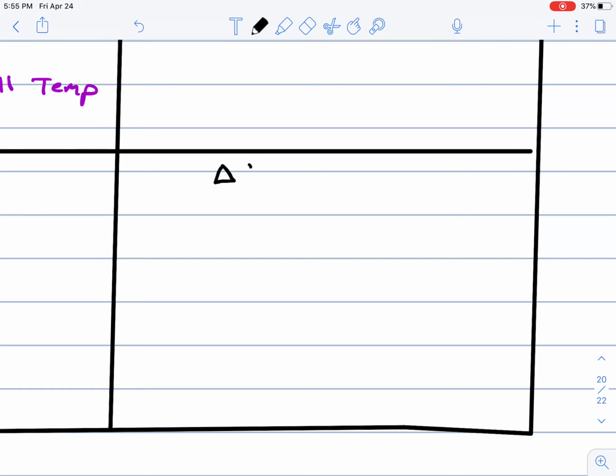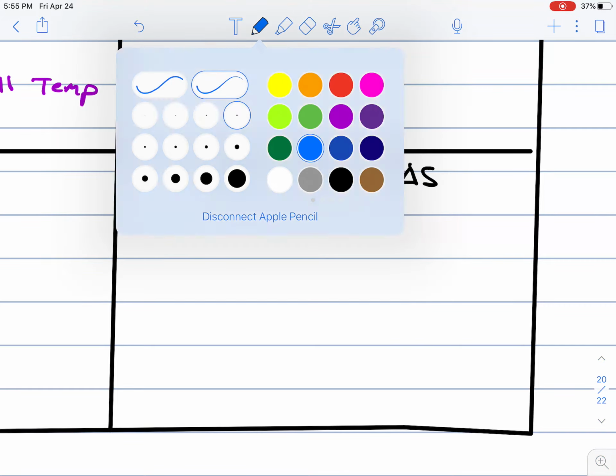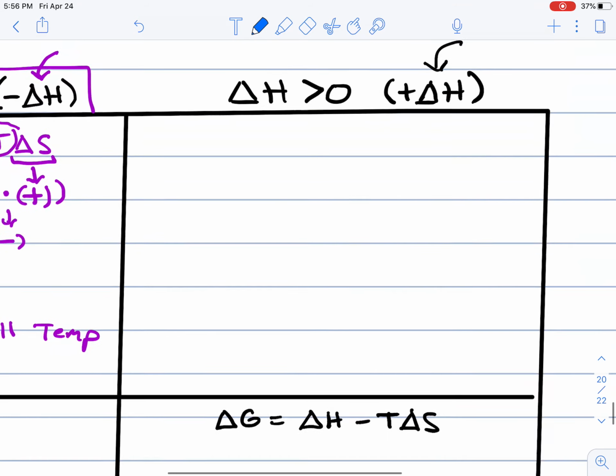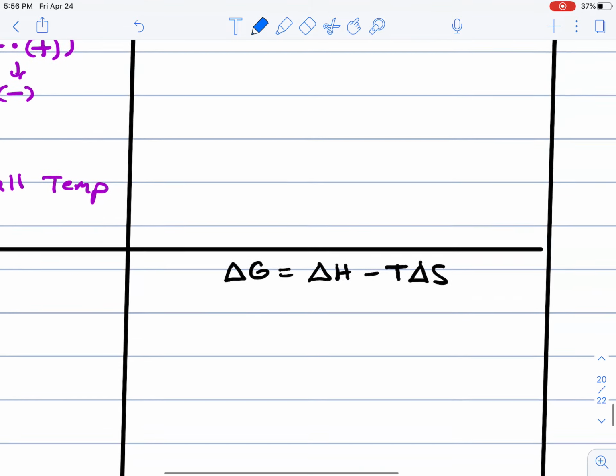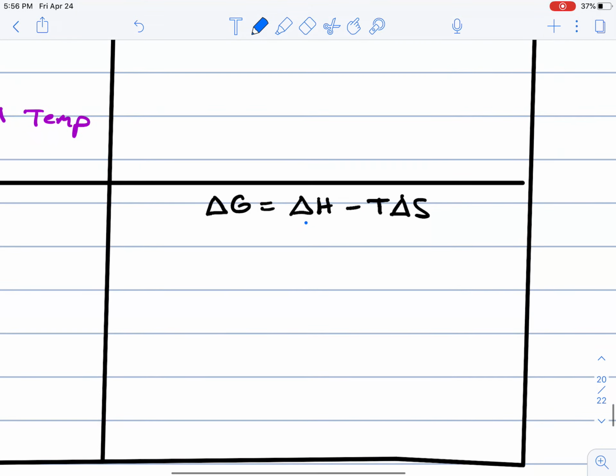So here we have delta G is equal to delta H minus T delta S. I'll do this in blue. And so here we're looking at a positive delta H, so I'll go ahead and do that. So positive delta H.